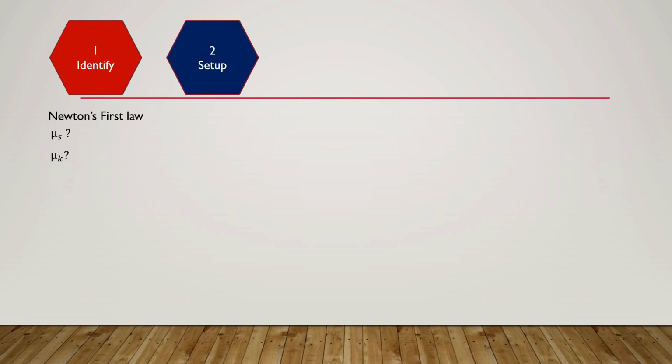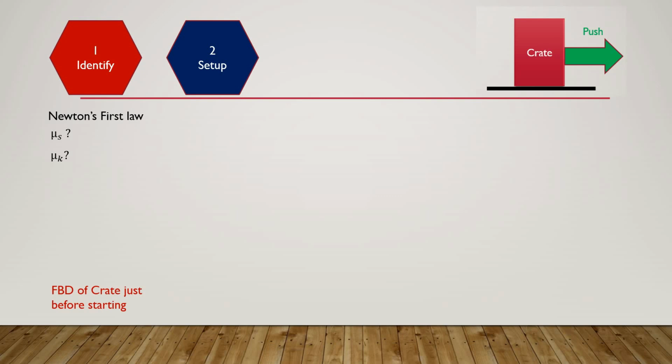Next step is setup. First we will draw a simple sketch, and then we will draw a free body diagram of the crate just before starting. We put a dot representing the crate, and the first force is the weight acting downward, and the other is the normal reaction in the upward direction, and a force of 230 Newton is applied by an external source.